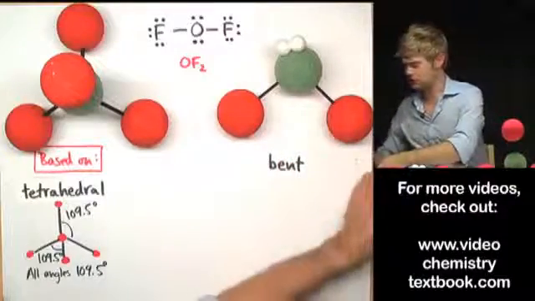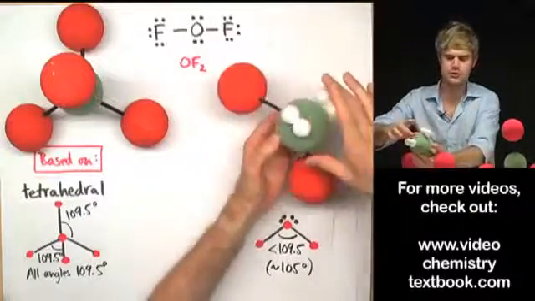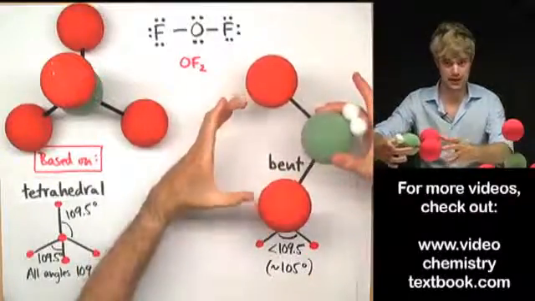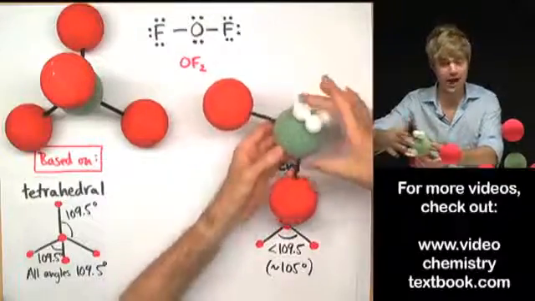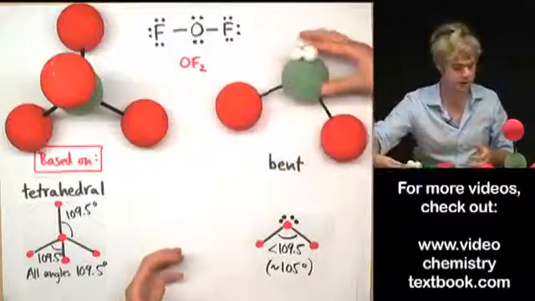And for angles, these unshared electron pairs are going to push these atoms together harder than other atoms would, okay, because those unshared electron pairs need a little bit of extra space.